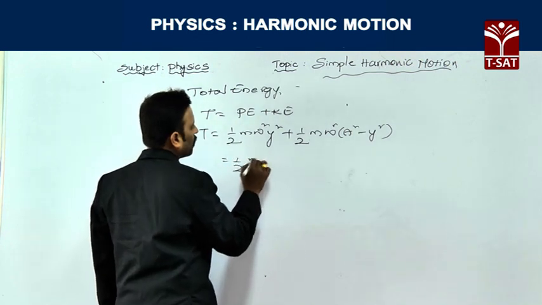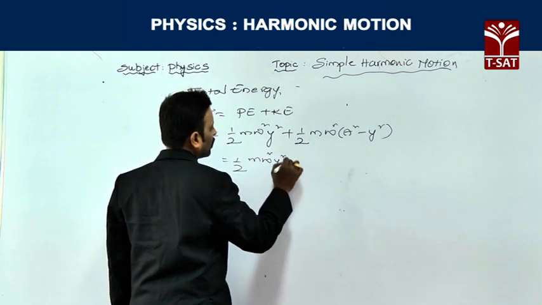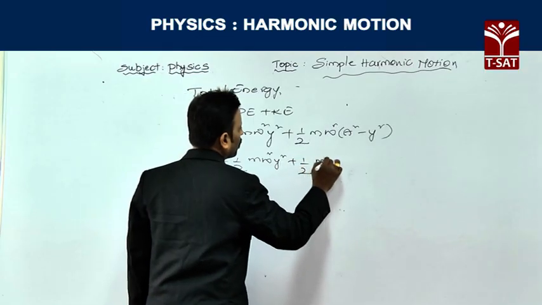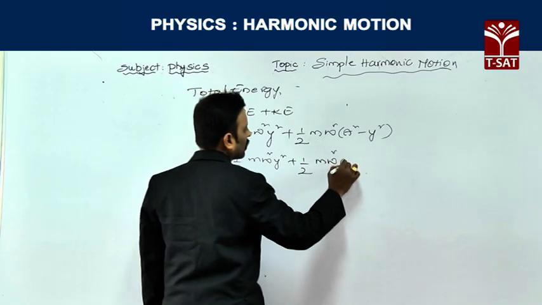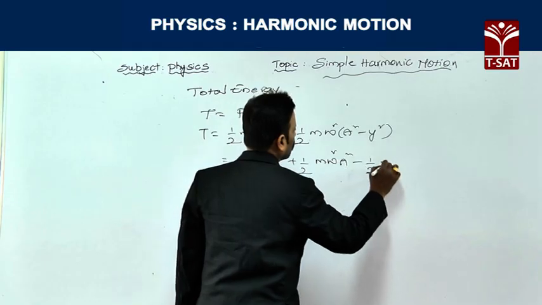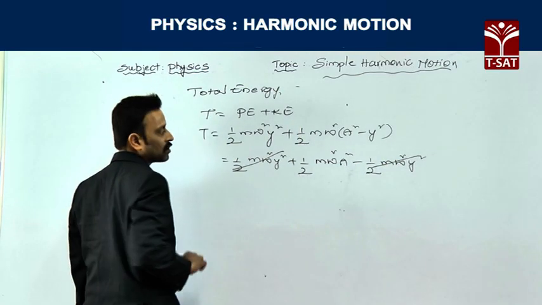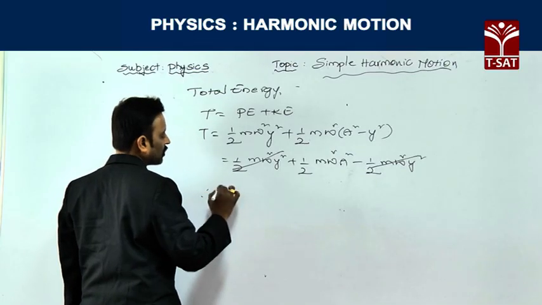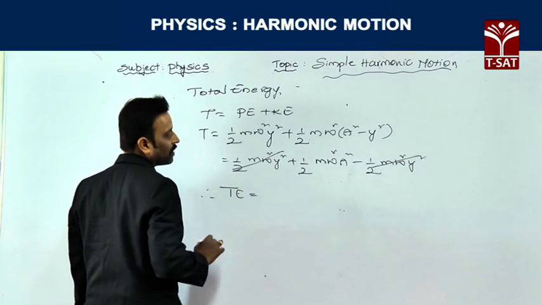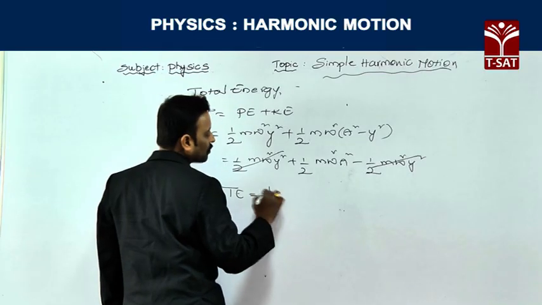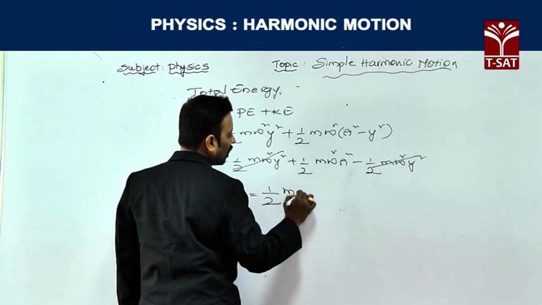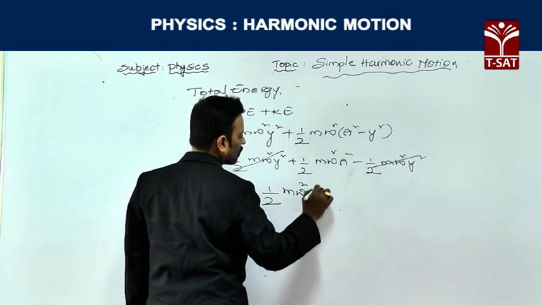That is half m omega square y square plus half m omega square a square minus half m omega square y square. These two terms cancel. Therefore, the formula for total energy of a particle executing simple harmonic motion is half m omega square a square.